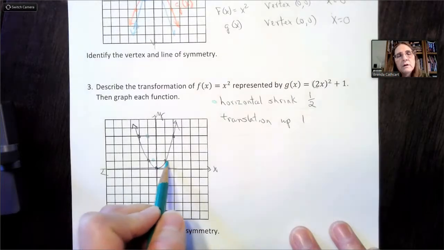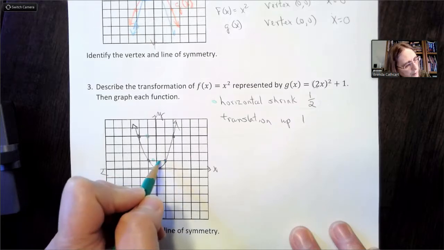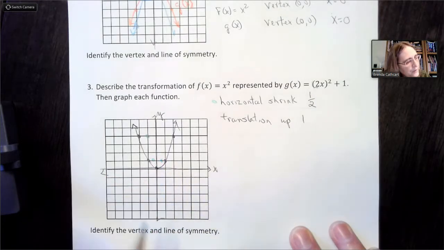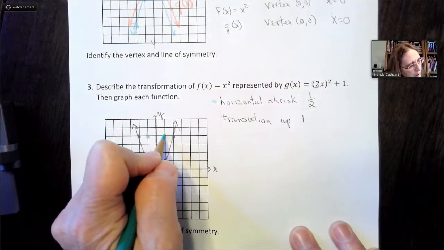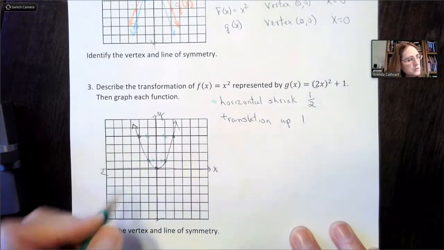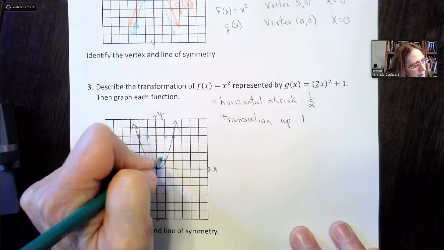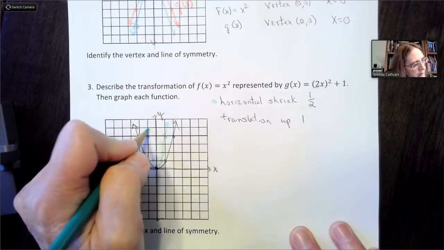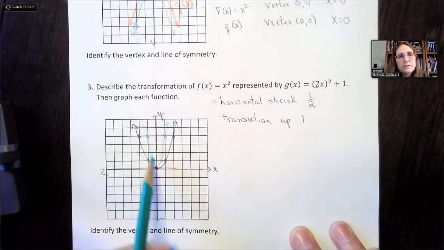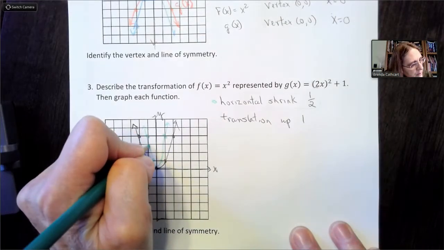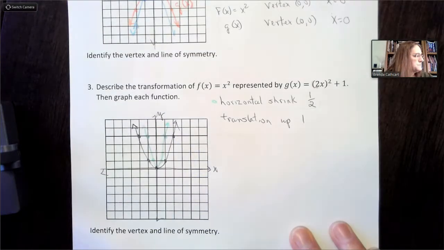Our x coordinate of 1 multiplied by 1/2 is 1/2. And finally, our x coordinate of 2 times 1/2 is 1. So this new graph with our horizontal shrink is squashed horizontally. These points have moved in towards the center. So this is our first step in our transformation.